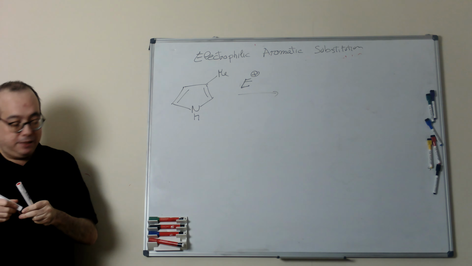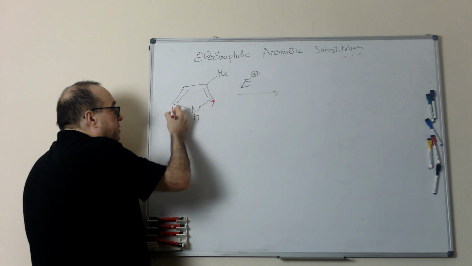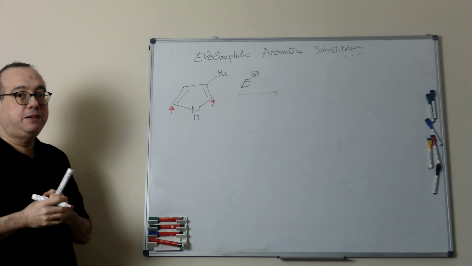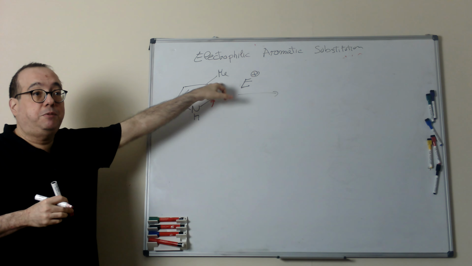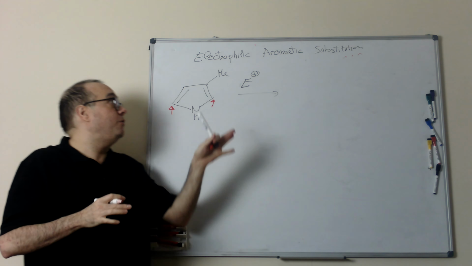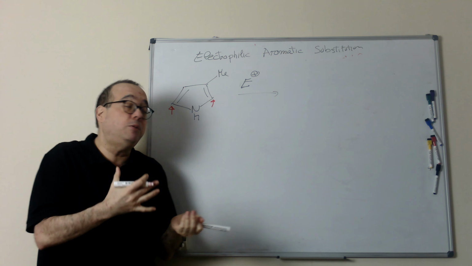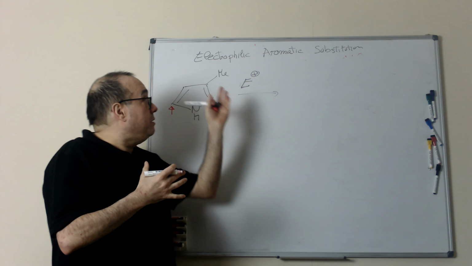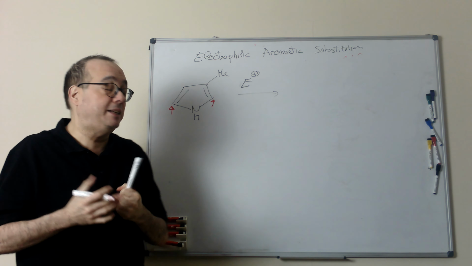Okay, we know that the Pyrrol orientates to the C2 position. This is the orientation of the Pyrrol. This position will be active. But we have a substituent. How is this substituent affecting? The substituents in the electrophilic aromatic substitution of heteroaromatics will have exactly the same behavior as in the electrophilic aromatic substitution of benzene.